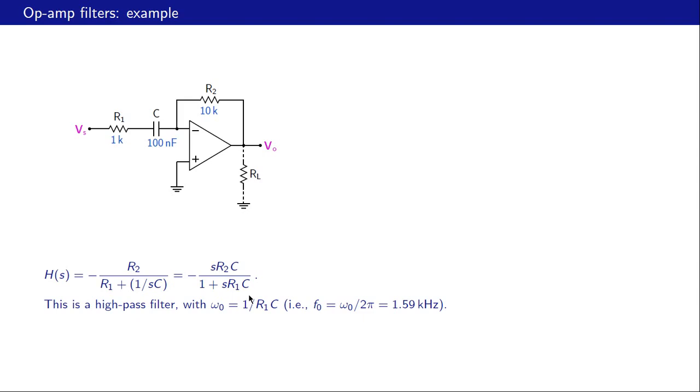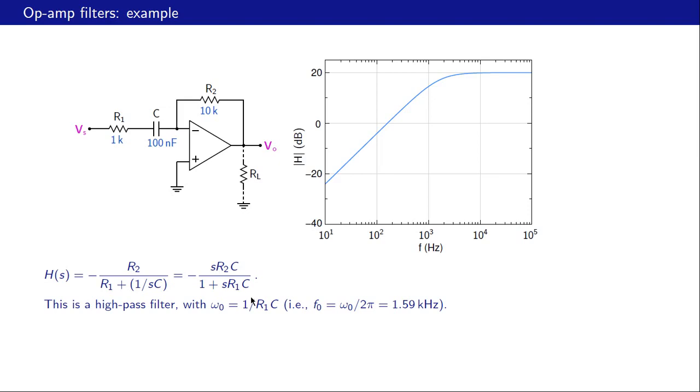Alright, let us now look at the plot of H versus omega, the magnitude of H versus omega, and that is what we have. This is the exact magnitude versus frequency plot, and if your Bode plot is correct, then you should get two asymptotes, one like that and the other like that, and those two asymptotes should meet at the corner frequency, that is 1.6 kilohertz.